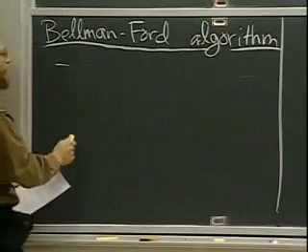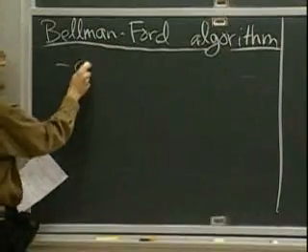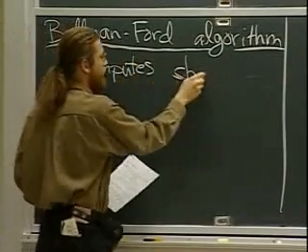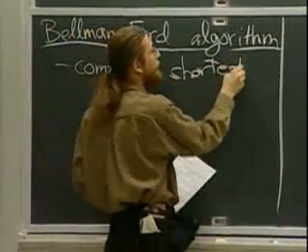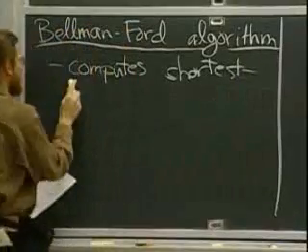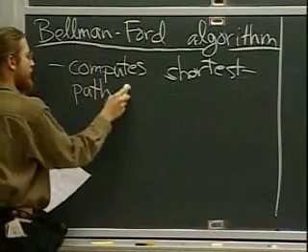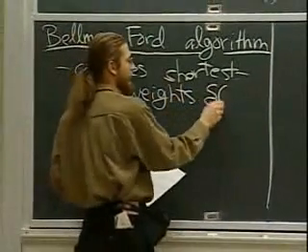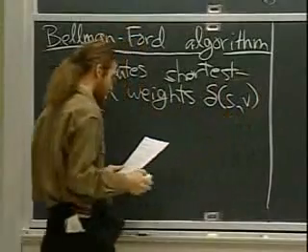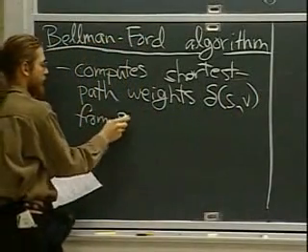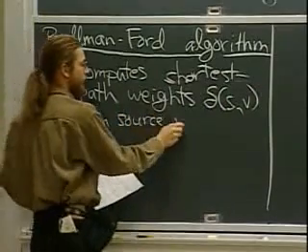Okay, so the Bellman-Ford algorithm, invented by two guys, as you might expect, it computes the shortest path weights. So it makes no assumption about the weights. Weights are arbitrary. And it's going to compute these shortest path weights. So remember this notation. Delta of S comma V is the weight of the shortest path from S to V. S was called a source vertex.